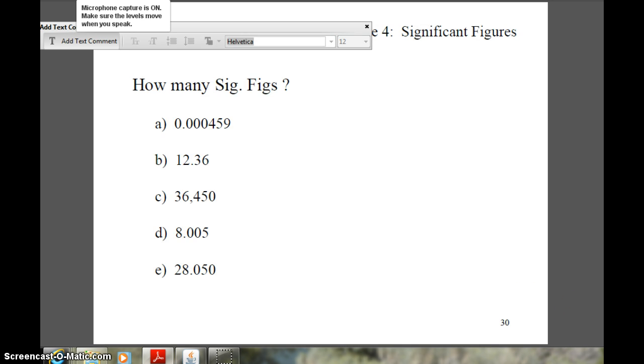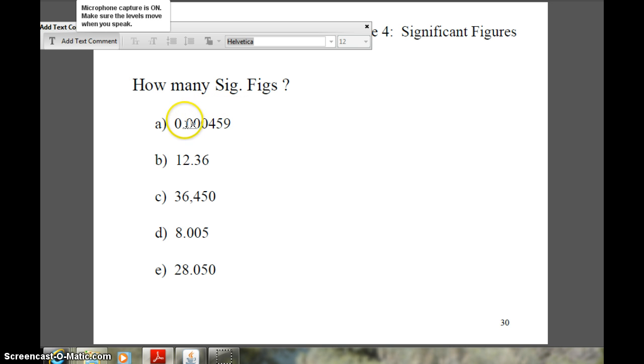Let's go forward. The question is, how many significant figures are present in all of these? So again, I'm going to pick any 2 perhaps, and then it'll be your responsibility to go over the remaining. Let's go one by one. If you consider the first one, this has 0.000459.